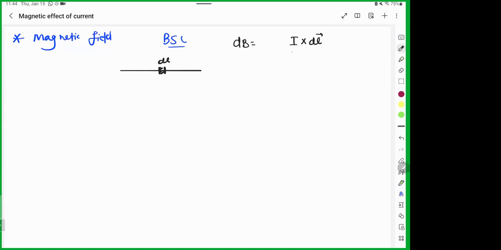It also depends upon the distance from where you are measuring, for example, this is the point from which I am measuring, r. And you will have a constant mu naught upon 4 pi. If you apply the same logic, your final dB value is mu naught upon 4 pi I dl sin theta by r square.